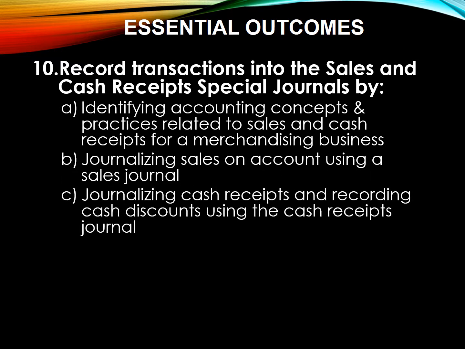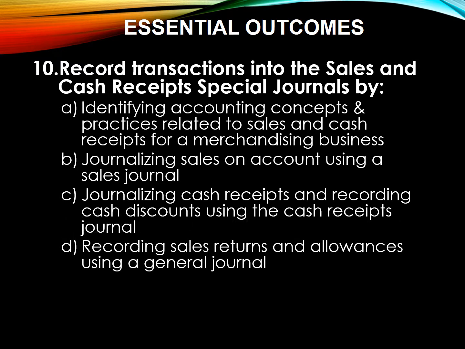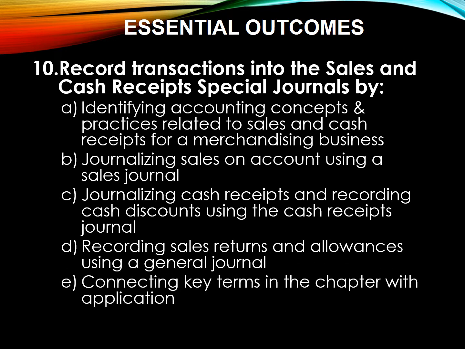C. Journalizing cash receipts and recording cash discounts using the cash receipts journal. D. Recording sales, returns, and allowances using a general journal. E. Connecting key terms in the chapter with application.